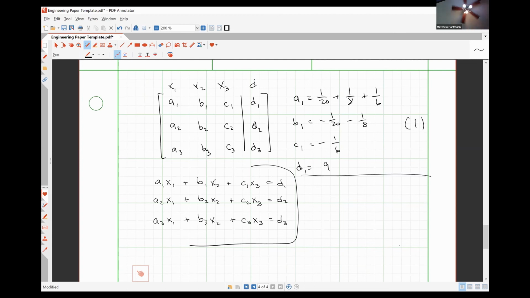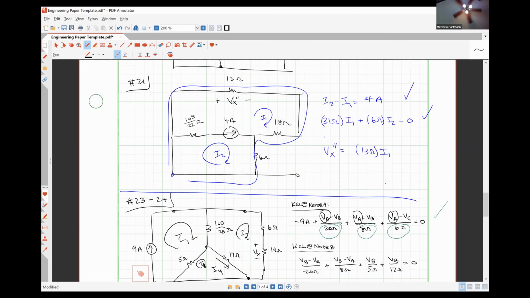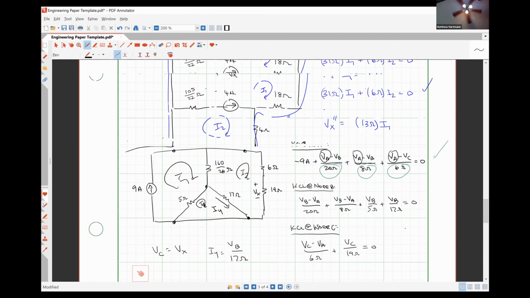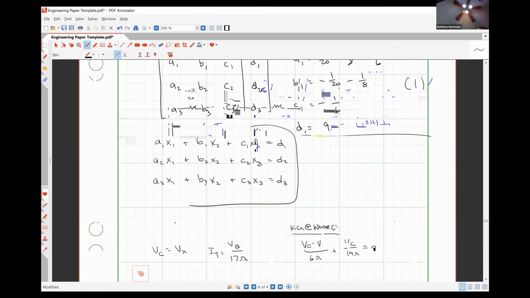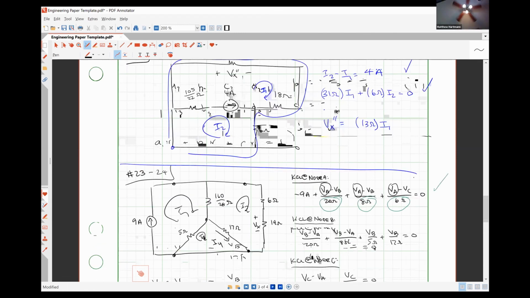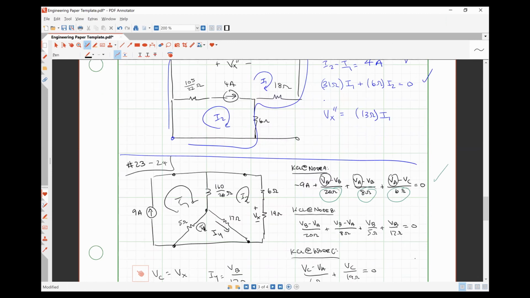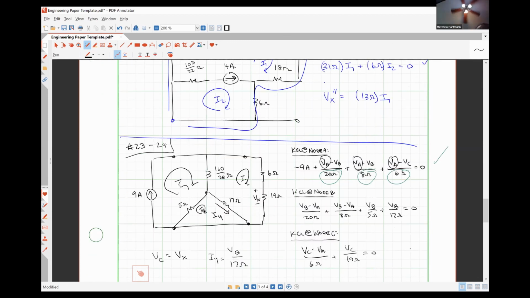In equation 2, my first variable I'm saying is VA, so I'm going to have -1/20 and -1/8. So A2 is -1 over 20 minus 1 over 8. My coefficient for VB is positive 1/20, positive 1/8, positive 1/5, positive 1/17.